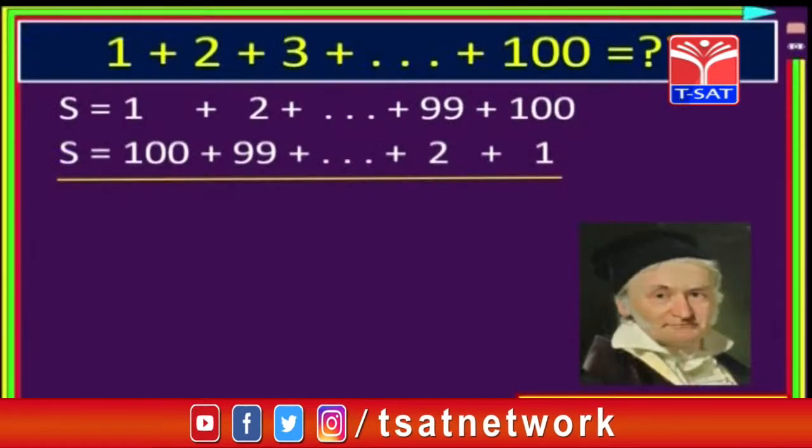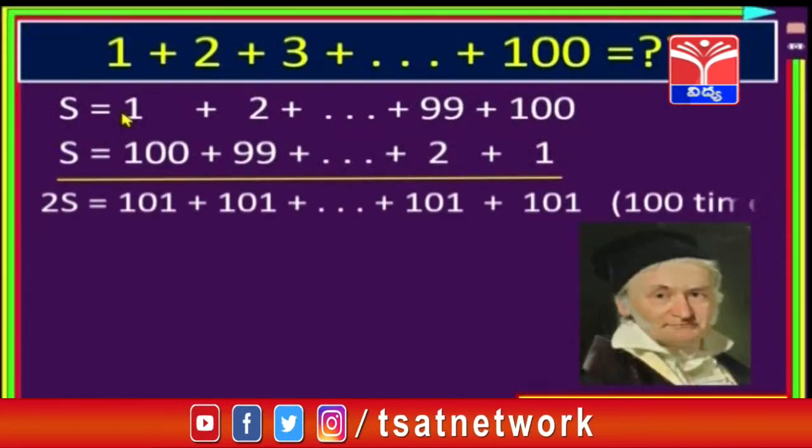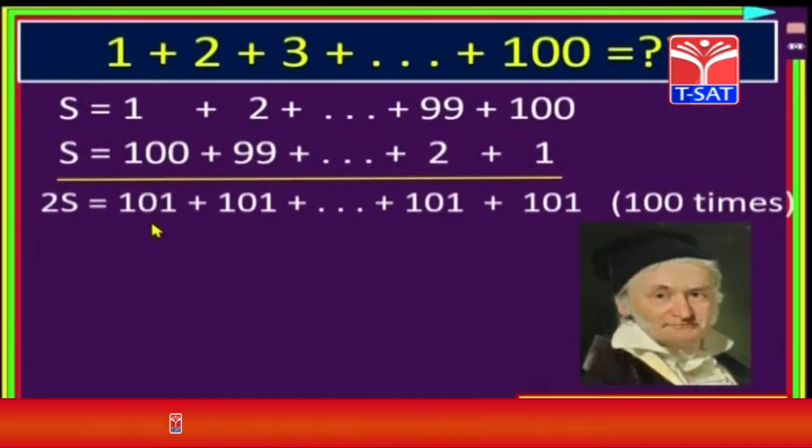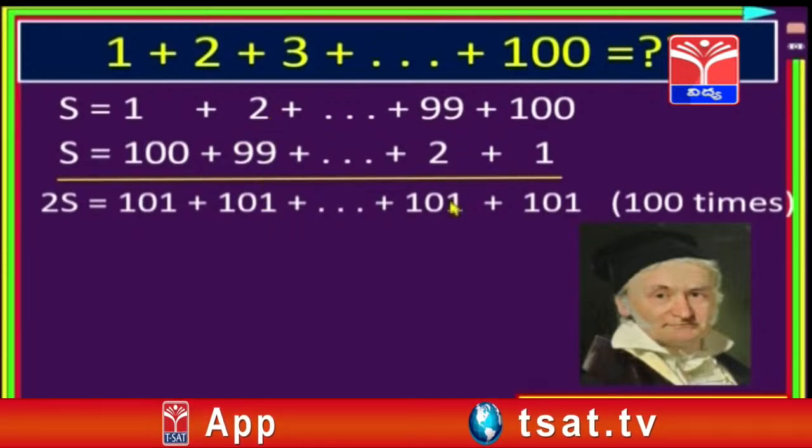After that he added those two sequences. On the left hand side we get S plus S, that is 2S, and on the right hand side, 1 plus 100 is 101, 2 plus 99 is 101, each term 99 plus 2 is 101, 100 plus 1 is 101.